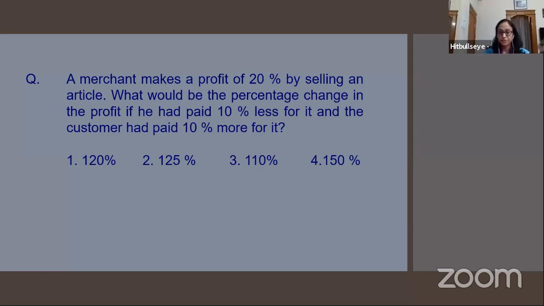This is the third category of the question, which falls under a particular shortcut, which we call changing of situation. There is one situation which is mentioned in the question, then the situation changes for that merchant, and something in that changed situation is being compared with the original situation.